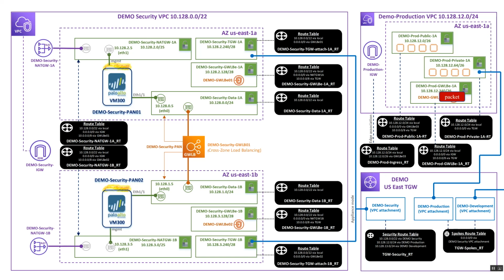Because that's where the gateway load balancing endpoint actually resides. So guess what happens? Well, the local routing table gets consulted now because this packet has to exit the subnet, right? So in this case, the destination is the private 10 address, right? The 10 address being via the Transit Gateway.